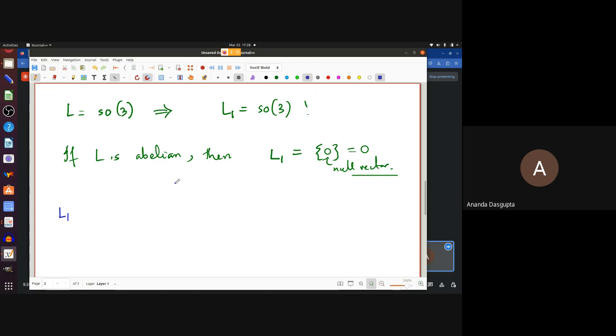However, you might very often use L and L prime as two subalgebras, or one as a subalgebra of the other. So I will not use L prime. I will just say L1. This is lower one. Okay. Now this is the notation, but this is an important point. L1 is always an ideal of L.